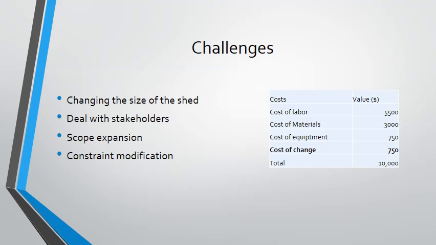Talking about costs, as part of my plan, I calculated a cost of change and I set it at $750. So making the new calculation, $750 was enough to make the required change. In addition to the scope and costs, I modified a constraint.